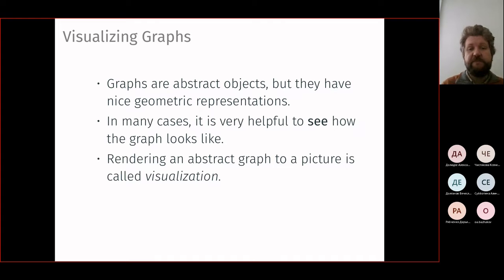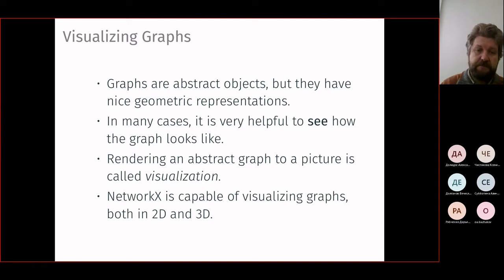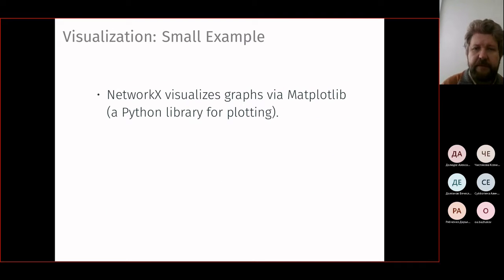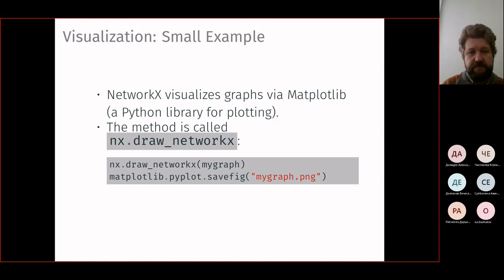So it's helpful to see how the graph really looks like, and rendering an abstract graph to a picture is called visualization. NetworkX is capable of visualizing graphs both in 2 and 3 dimensions. We will use only the first one. And it uses matplotlib. And it's called draw_networkx. And then you put it into a PNG file or SVG file.